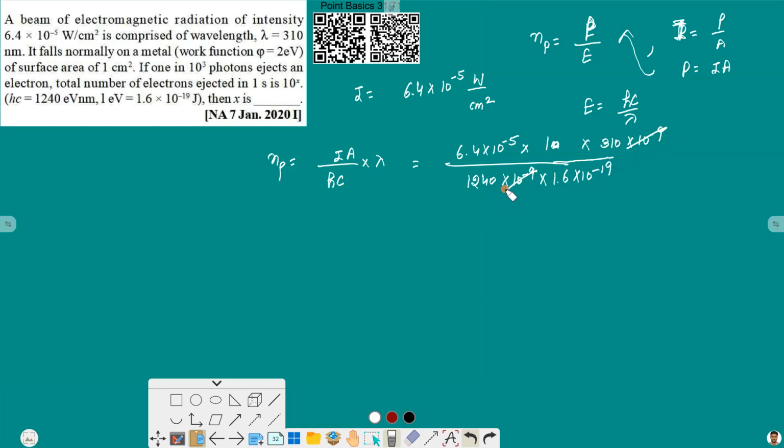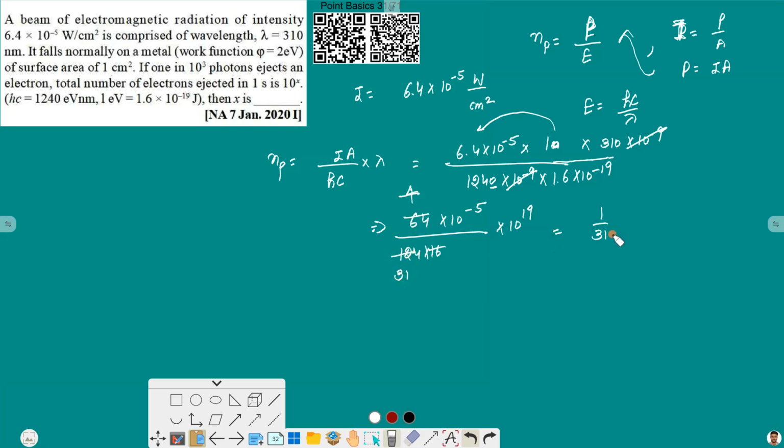And basically, if we multiply this by 64, we will get 64 into 10^-5, and adjust this 0 here. So 124 into 16, and here we have 10^19 in the top. So this will go on 4, this will go on 31.